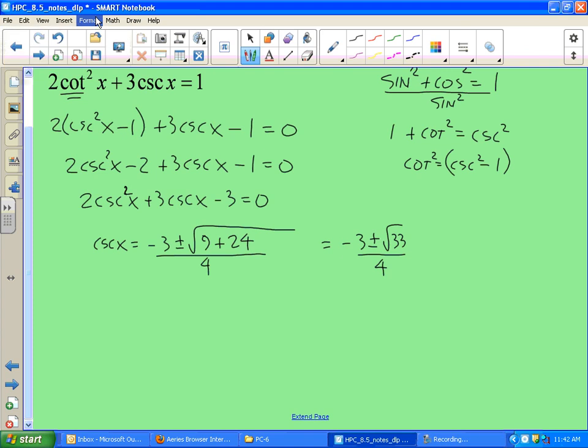So we have two answers, negative 3 plus the square root of 33 all over 4. And this, we'll just go ahead and make everything decimal, 6.74. We also have that the cosecant of x is equal to negative 3 minus the square root of 33 over 4. This gives me negative 2.19.